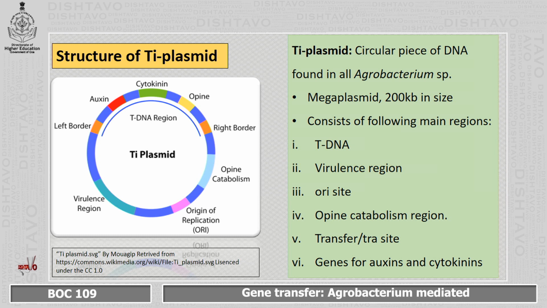We can broadly summarize the main regions as T-DNA which is transferred to the plant cell, virulence region, ORI site, opine catabolism region, transfer site or the tra site, and genes for auxins and cytokinins. These are the different regions which you will find on the Ti plasmid.